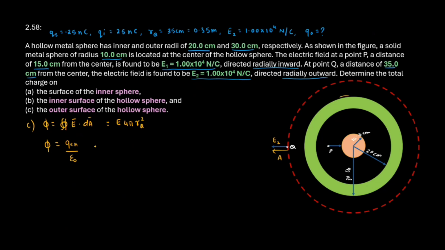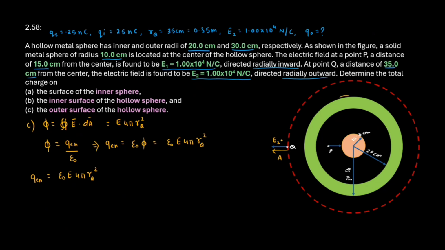So I can rearrange this to write in terms of charge enclosed. Q enclosed will be equal to epsilon naught times phi. If we substitute for phi from the equation above, we get Q to be equal to epsilon naught E 4 pi RQ squared. So charge enclosed by the Gaussian surface is epsilon naught E 4 pi RQ squared.